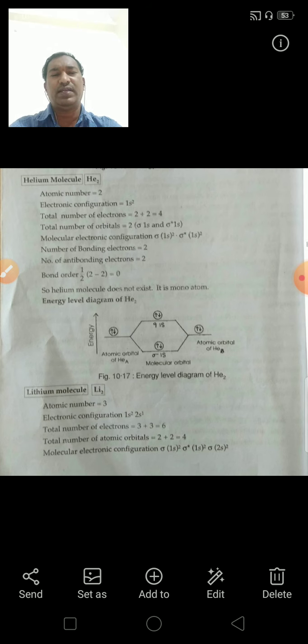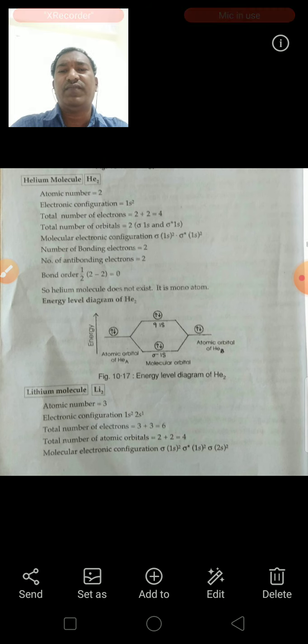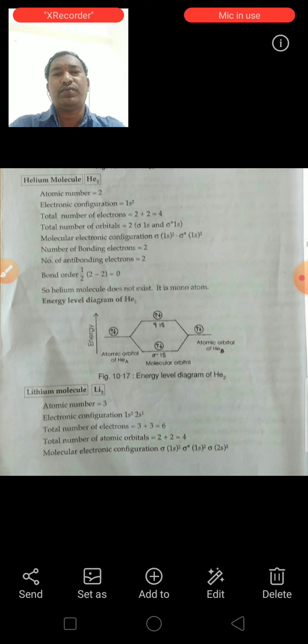So these electrons we can fill in the molecular orbitals, and the 4 electrons are completed.